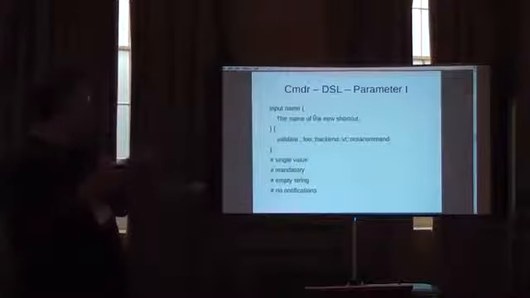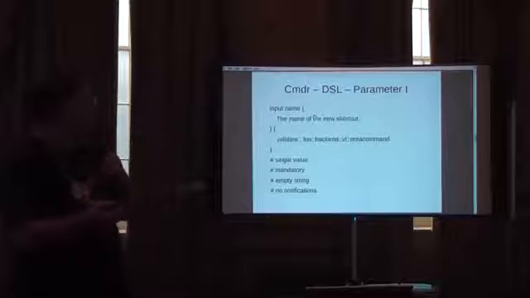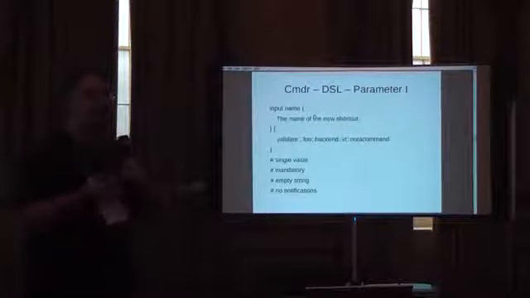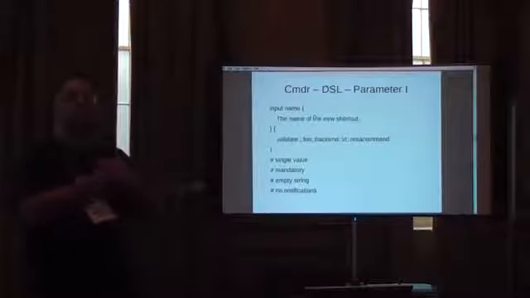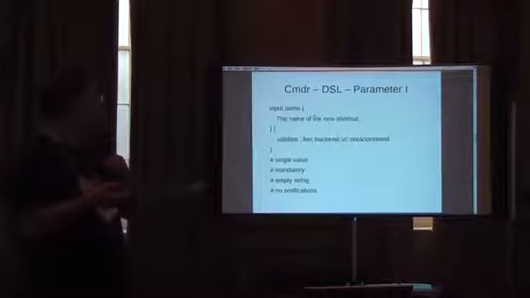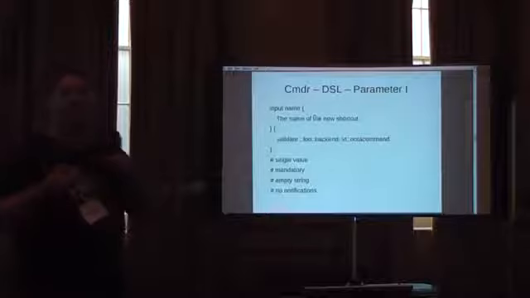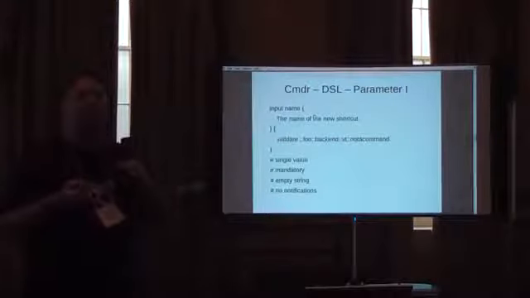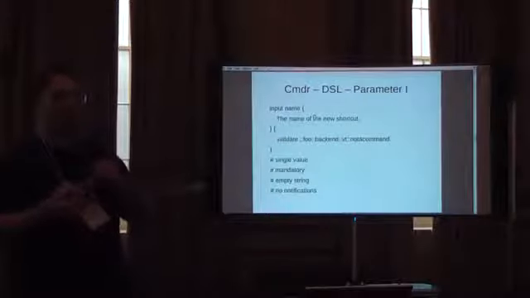And here you also see that there are lots of things in the defaults. Basically, this argument takes a single value instead of a list, and it's a mandatory argument. It's not optional. The default for this is the empty string. I haven't set any notifications to tell me when the framework does something with a value.